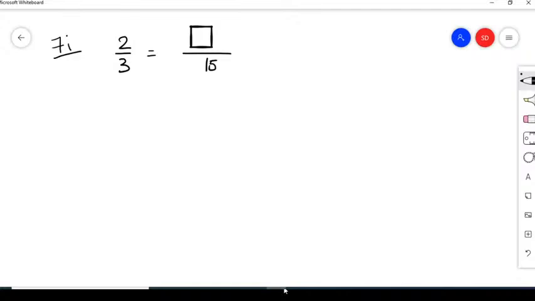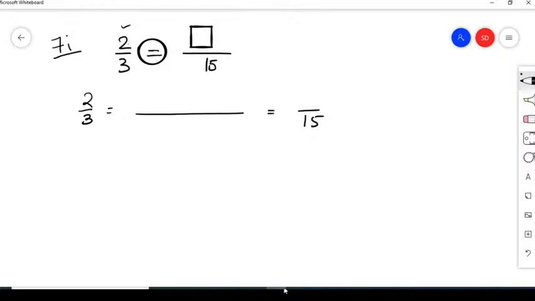So it's basically the same thing. So these two are equivalent fractions. If you give this equal to sign over here, it means that these two fractions are equivalent.